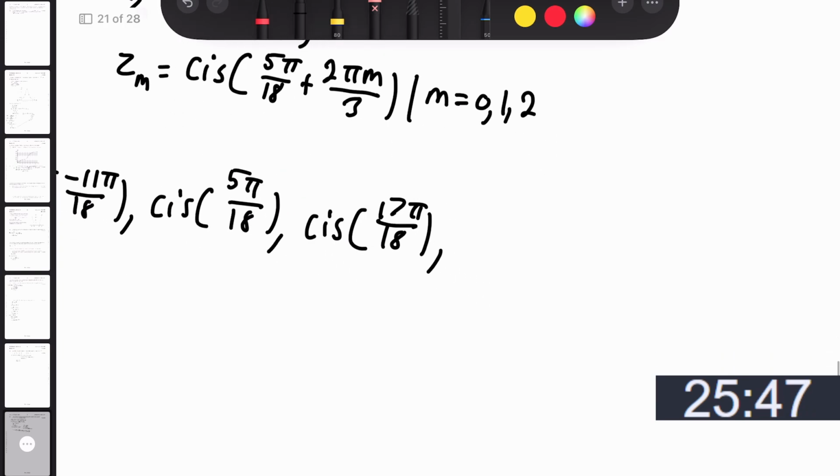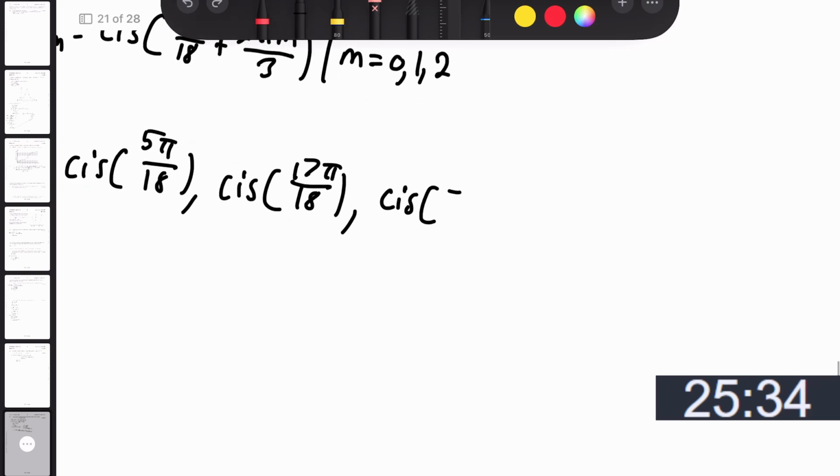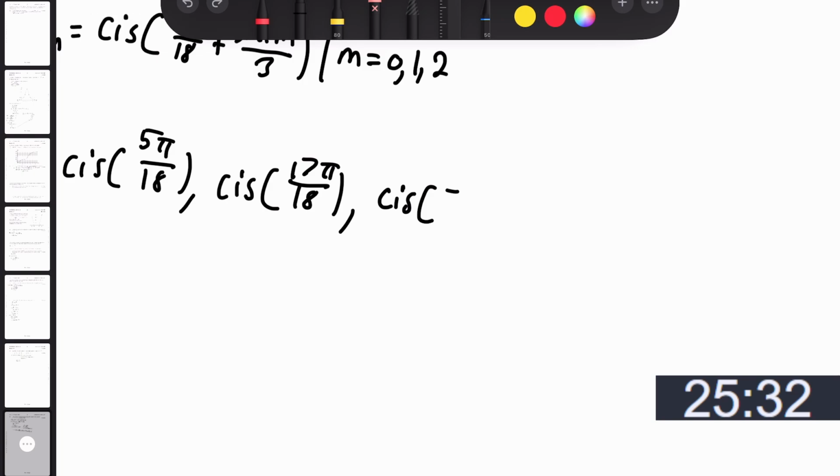If I add 12, I'm going to get 29, which is 11 more than 18. So I need to go 7 the other way, so cis of negative 7 pi on 18.